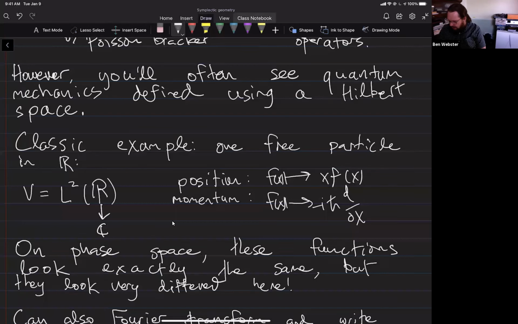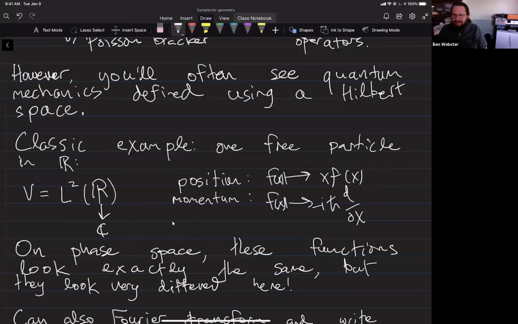And the position and momentum operators act on those states, the position operator by multiplying by the function x, the function of position, and momentum by taking the derivative and then multiplying by minus i h bar. Oh, these factors of minus i h bar, they drive me nuts.